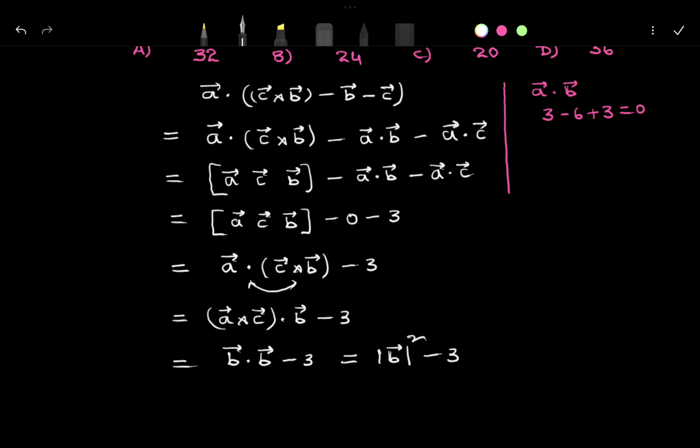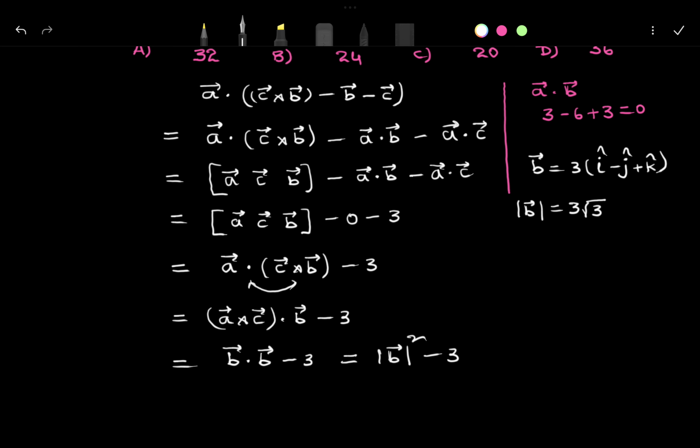So what is the modulus of b bar? Here in the question b bar is given as 3 into (i cap minus j cap plus k cap). The modulus of b bar will be equal to 3 into root 3.